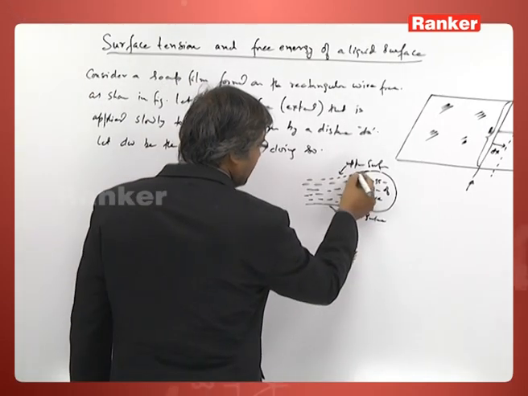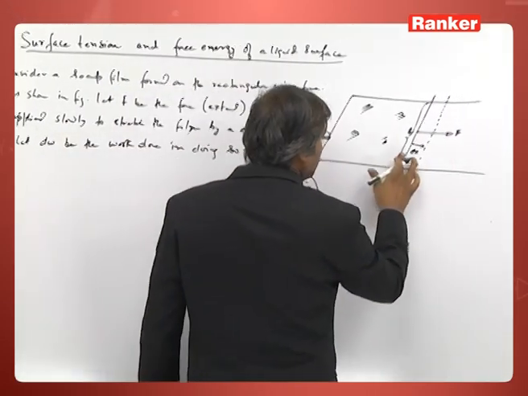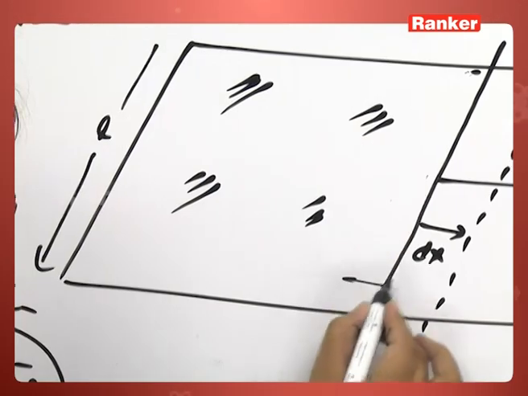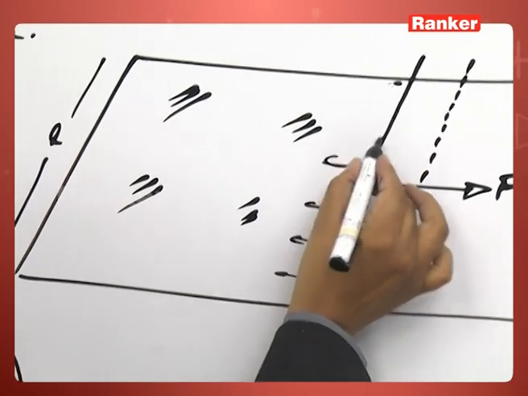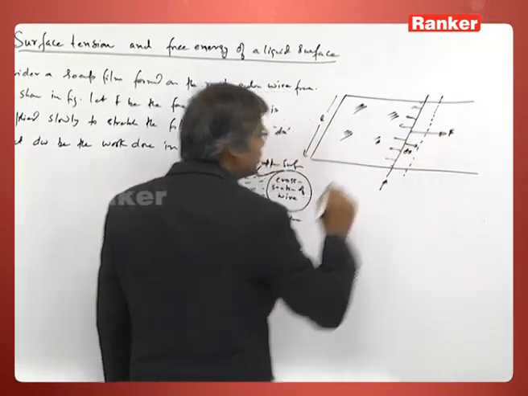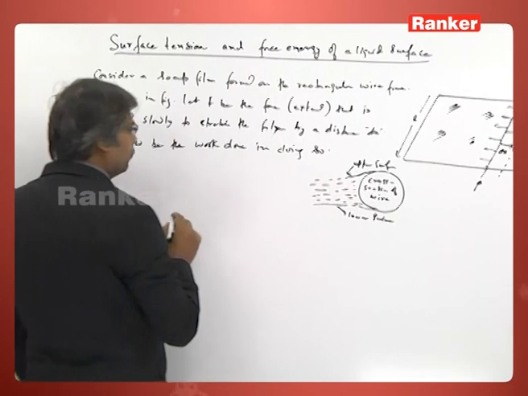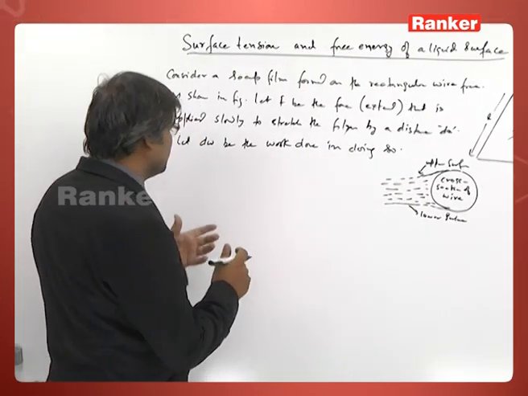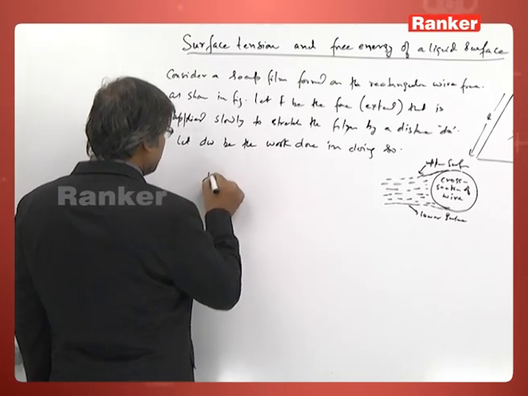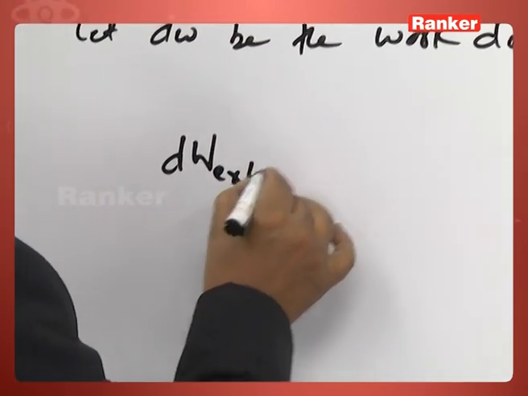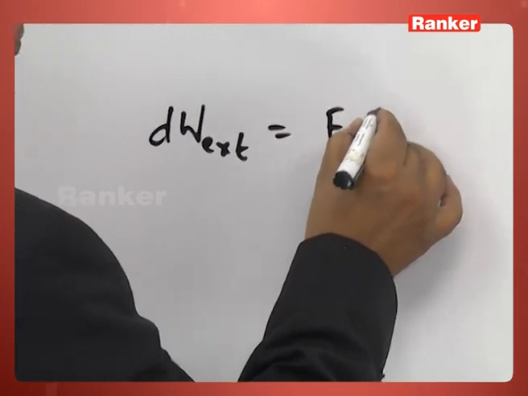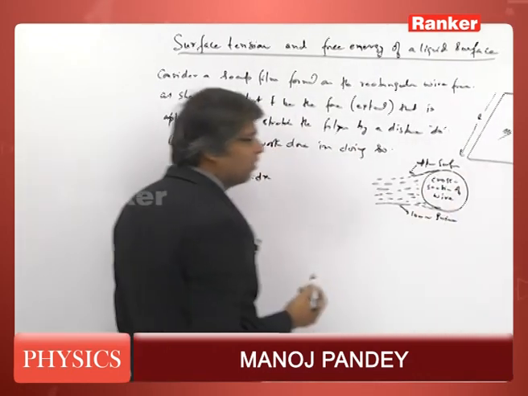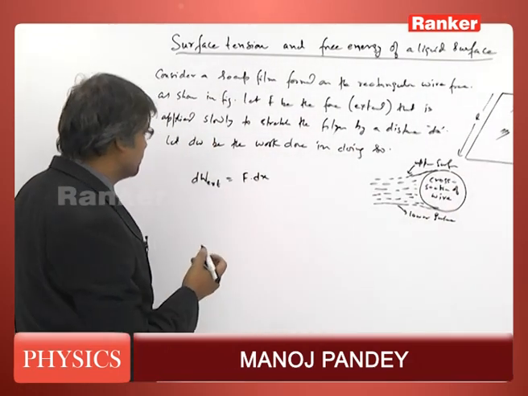So, you see here there is a force, and this is L. You have to apply an external force equal to that force. Now let us see what the work done is. The work done by the external force is F into dx. That F must be equal to the surface tension force.